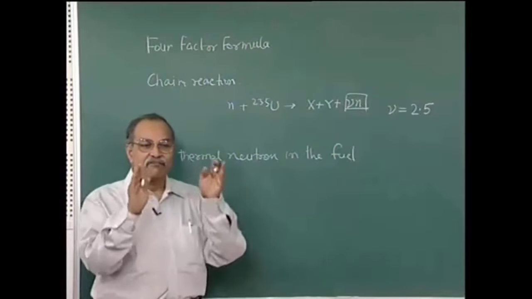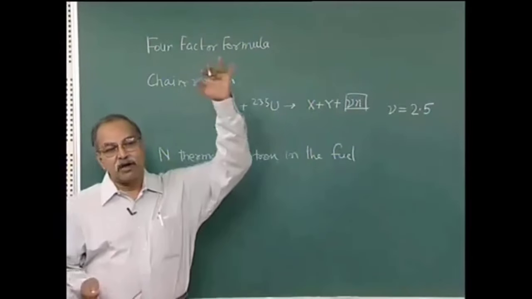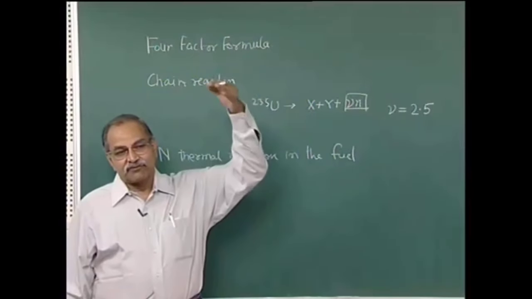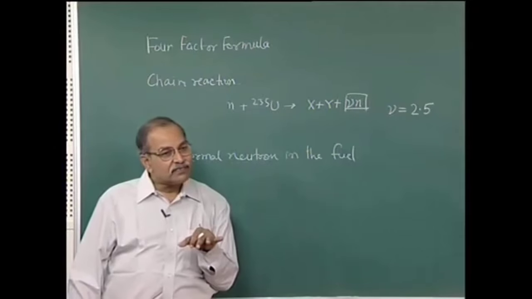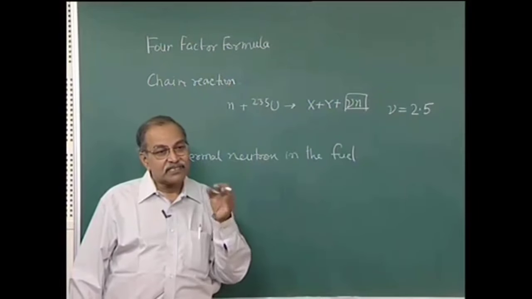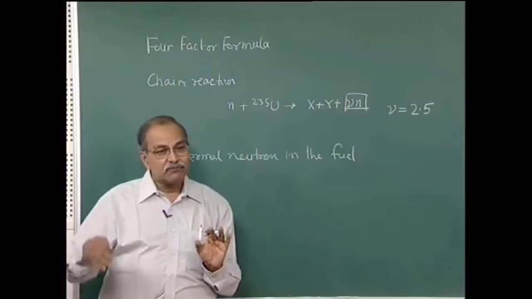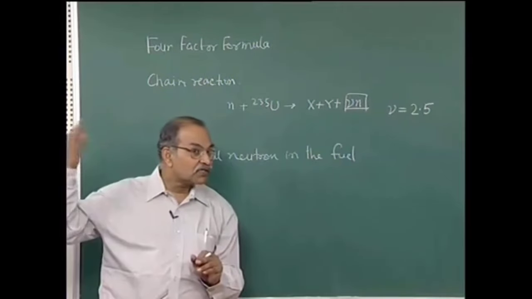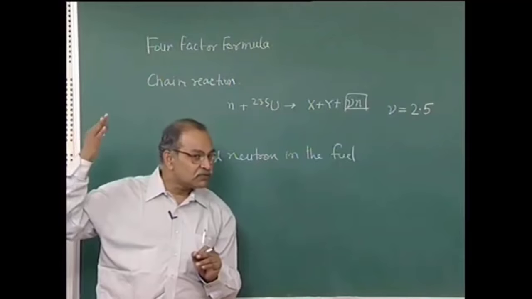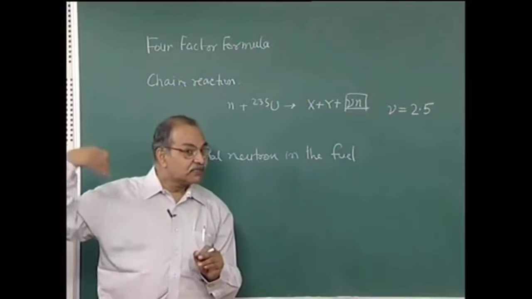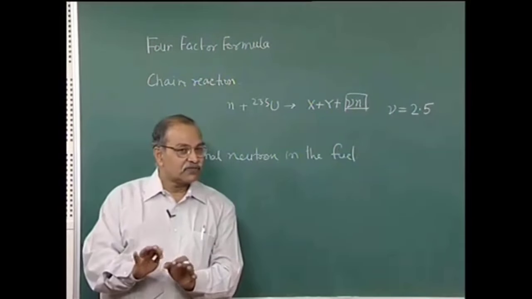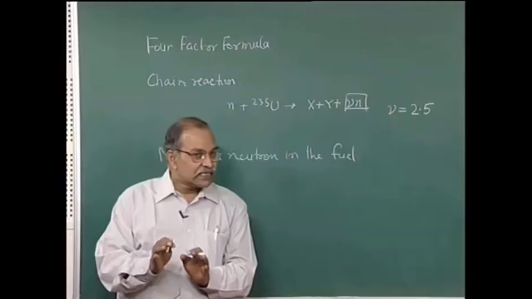In uranium 235 also, if 600 barn is the cross section for fission, 97 barn is the cross section for radiative capture, and uranium 238 has almost zero cross section for fission, but then there is some cross section for this radiative capture.